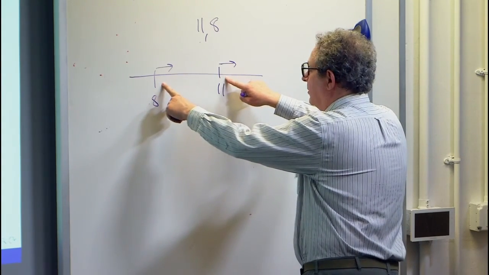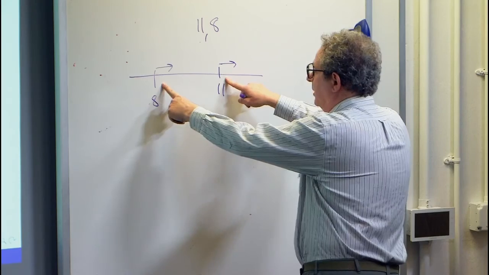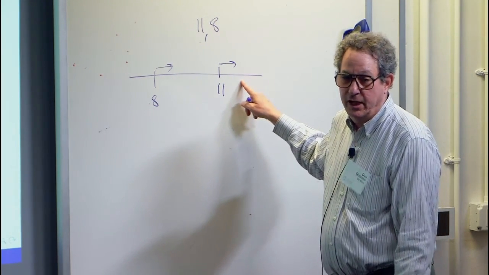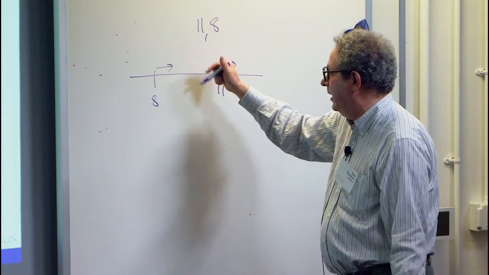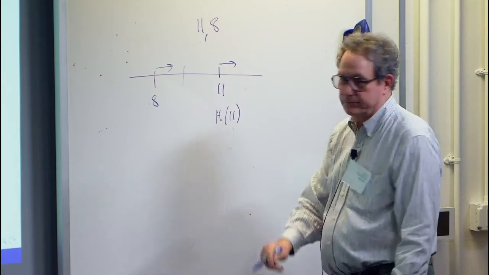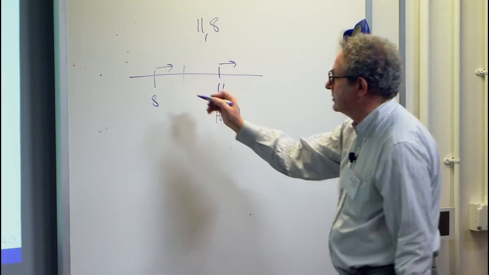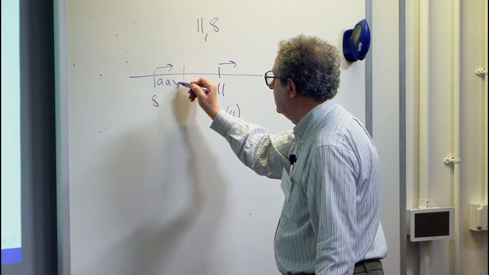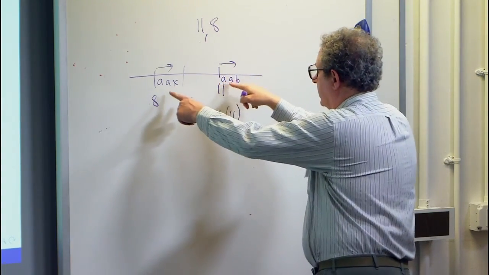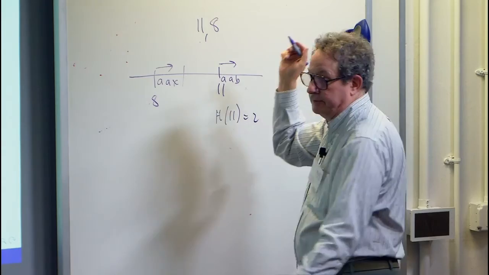If they're equal, you move over and compare 9 and 12, and you keep moving over until you find one that's not equal. And there you have H of 11. So if this was A, X, and this is A, B, then H of 11 would be equal to 2.